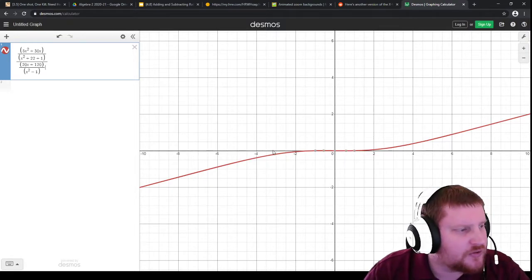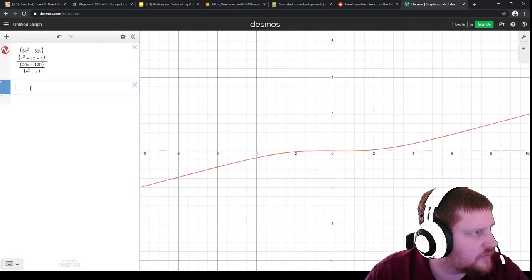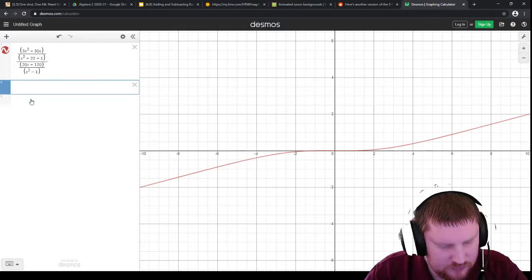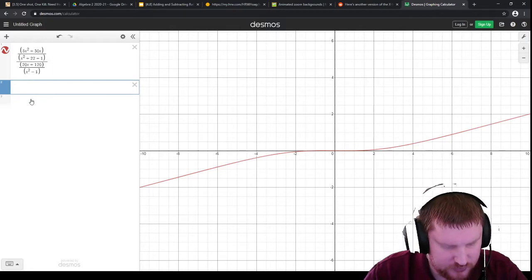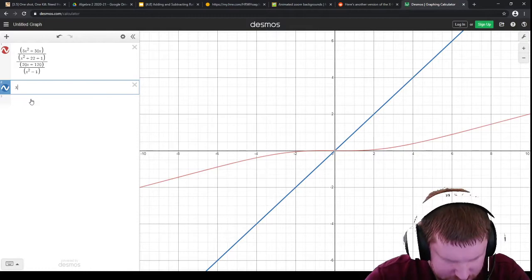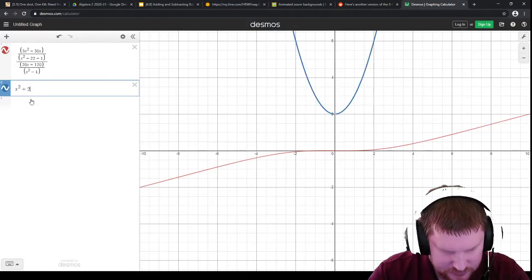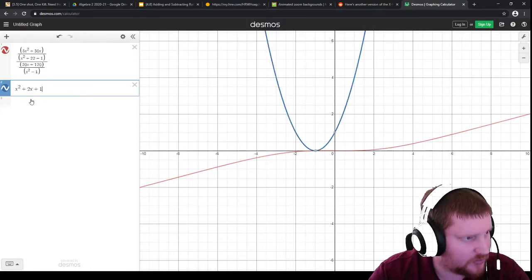Alright, so I said negative 1. So let's go ahead and just write down the denominator, which would be x squared plus 2x plus 1.